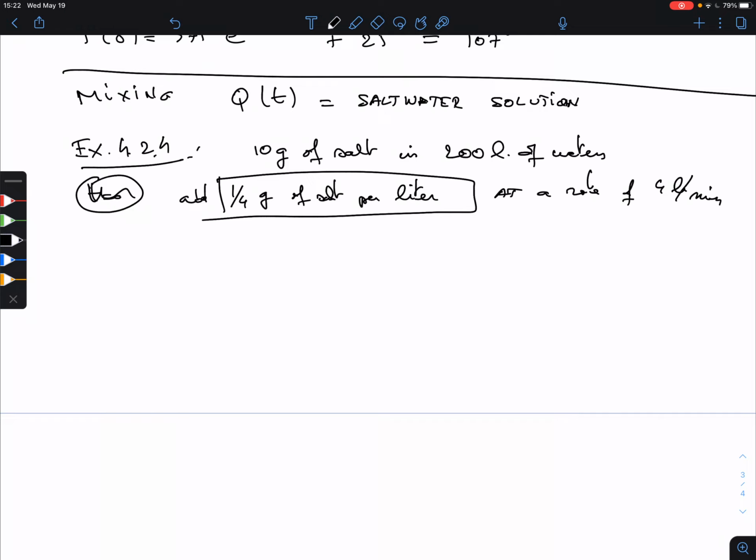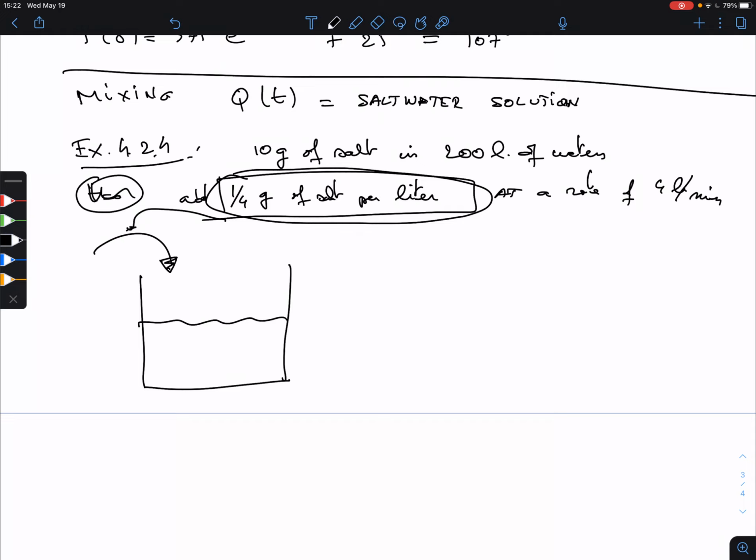Okay. In other words, here is our tank. We have some water in the tank. Now, what we pour in here is not pure water, we put in water that contains salt, and the concentration is 1/4 of a gram per liter, and we pour that at a rate of 4 liters per minute. So every minute 4 liters of this type of solution is being poured into the tank.